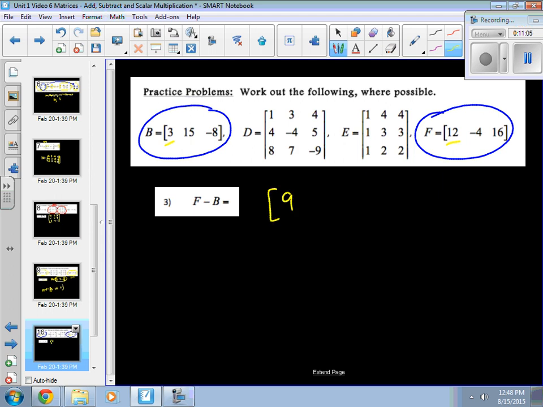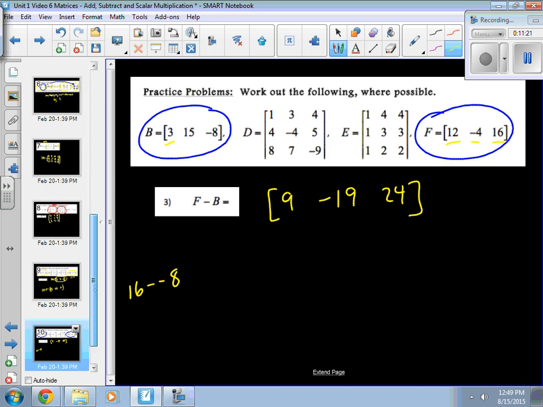Doing the same thing here, negative 4 minus 15 would be negative 19. And 16 minus negative 8, again, be careful. Minus a negative is the same as adding, that should end up being 24. So that would be the answer there.